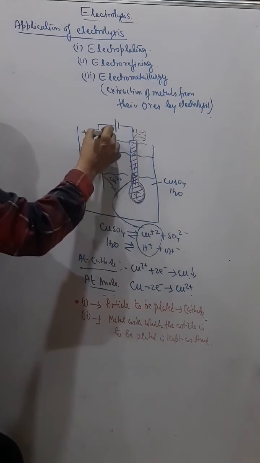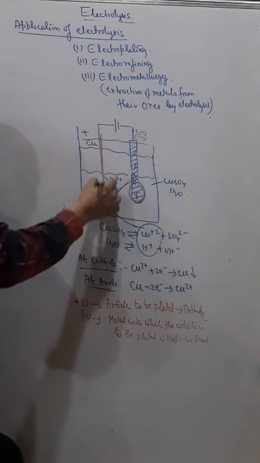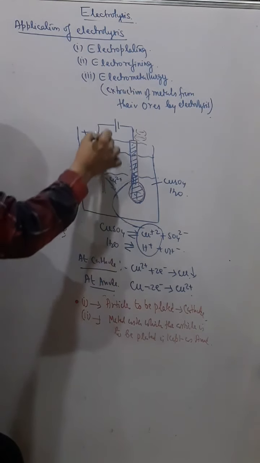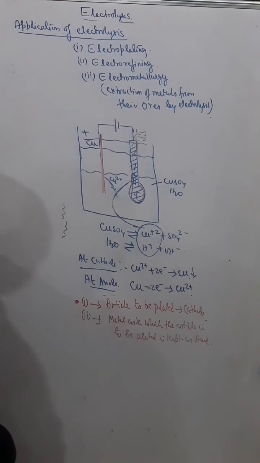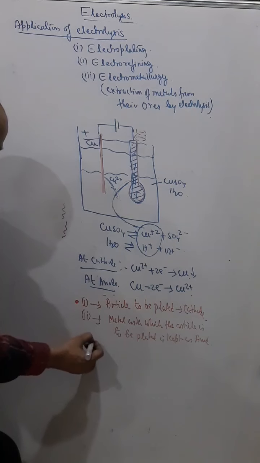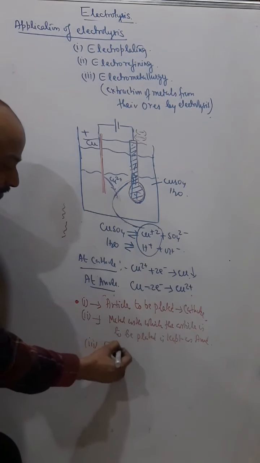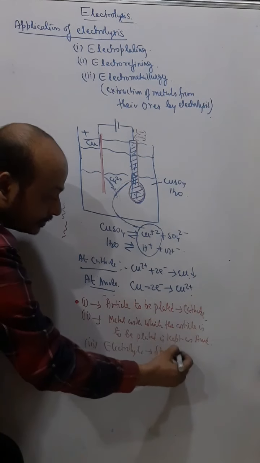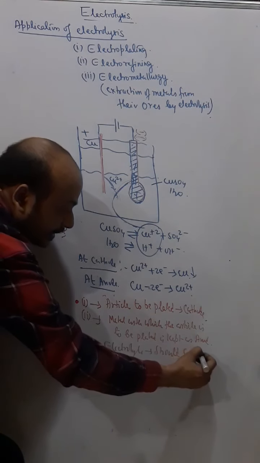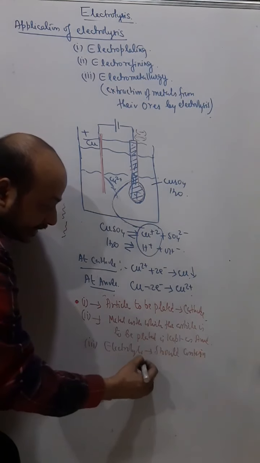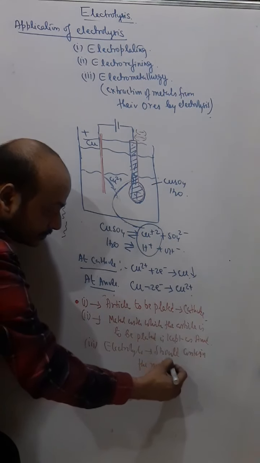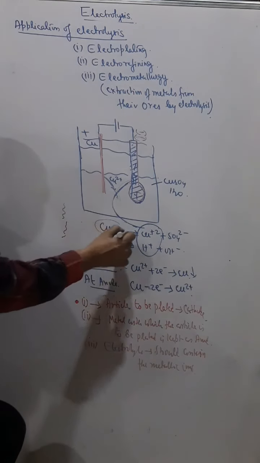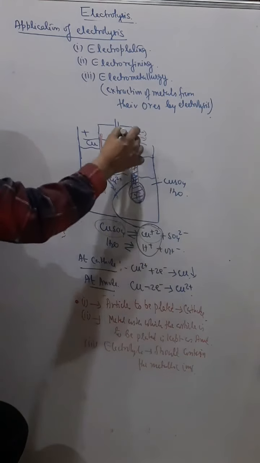Ultimately we should have the metal with which the article is to be plated, and the anode has to be made with that metal. And the third is the electrolyte. The electrolyte should also contain the metallic ions with which the article is to be plated.